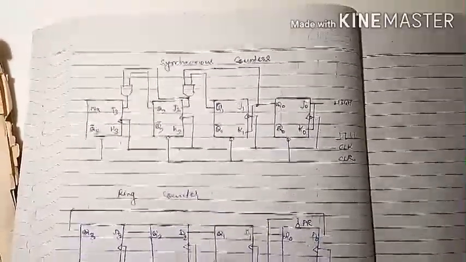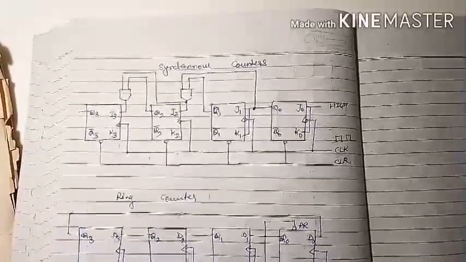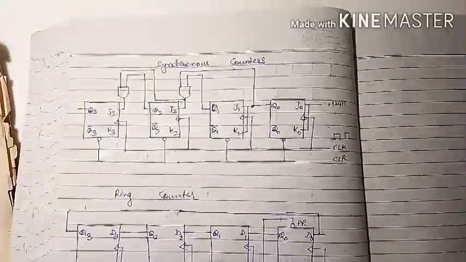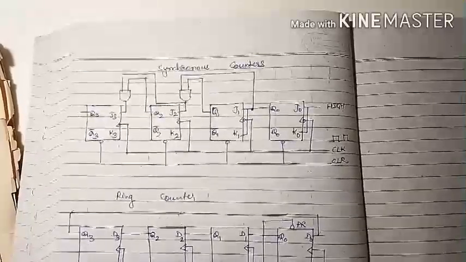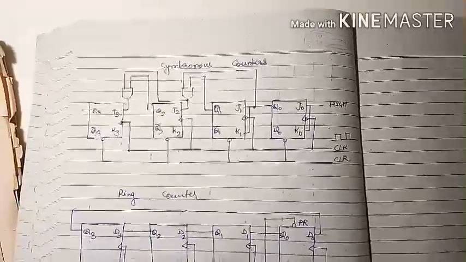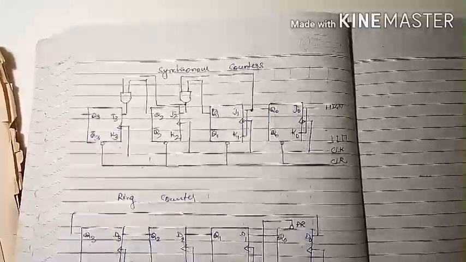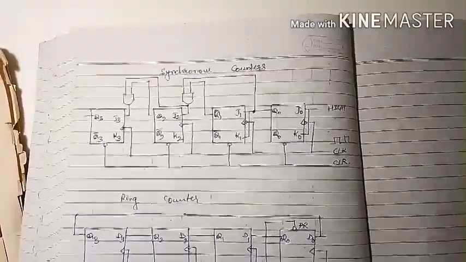The LSB, least significant flip-flop, has its J and K input tied to a high voltage, therefore it responds to each positive clock edge. But the remaining flip-flops can respond to the positive clock edge only under certain conditions. The Q1 flip-flop toggles on the positive clock edge when Q0 is a 1.